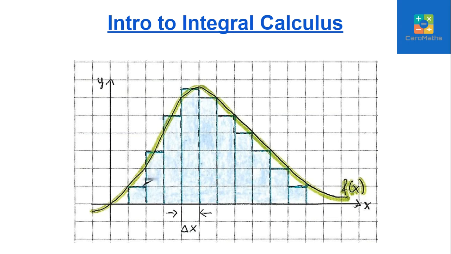And you can see that on the left we still have some overestimation, and on the right we still have some underestimation. But hopefully you can see that it's much closer to the actual area under the curve that we're estimating. So as the slices are getting smaller, the error is getting smaller.